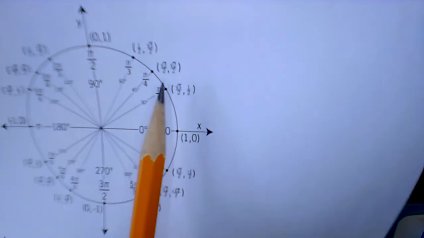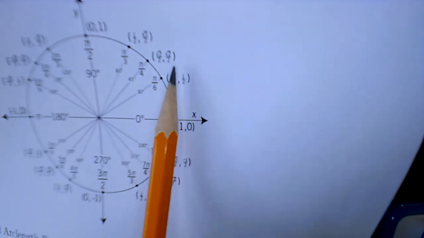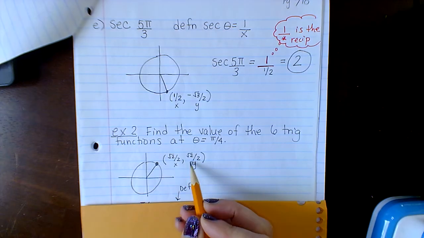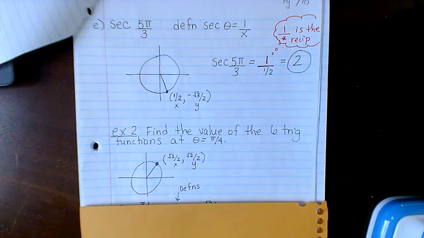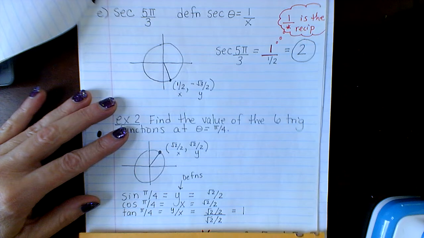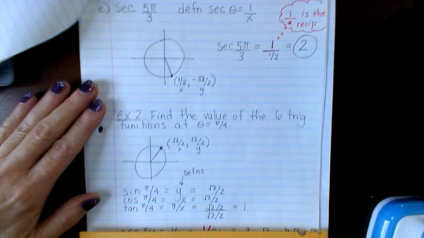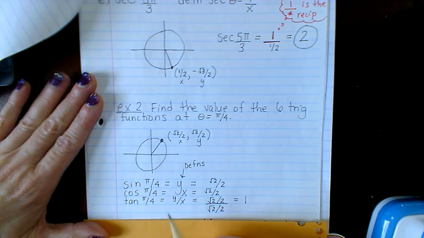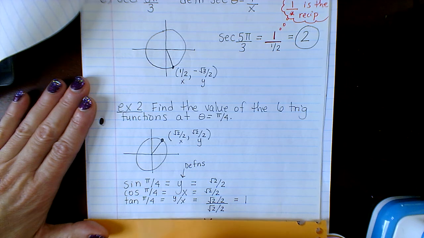And this little teeny tiny point right there is root 2 over 2, comma, root 2 over 2, enlarged right here for your viewing pleasure. All right, so let's look at the definitions. So we have the definition of the sine, the cosine, and the tangent. The sine is defined as y, cosine is defined as x, tangent is defined as y over x.